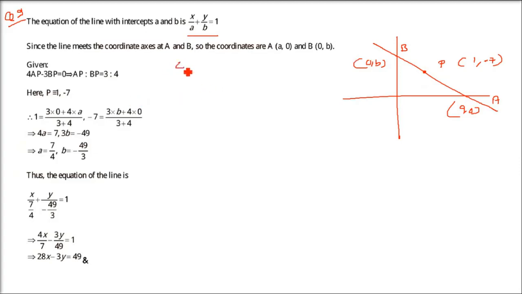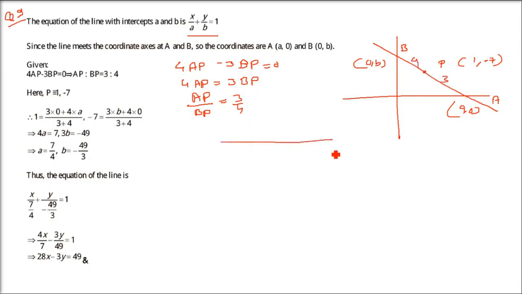Now the condition is 4AP minus 3BP equals 0, which means 4AP equals 3BP, which means AP by BP equals 3 by 4. So we have AP as 3 and BP as 4.